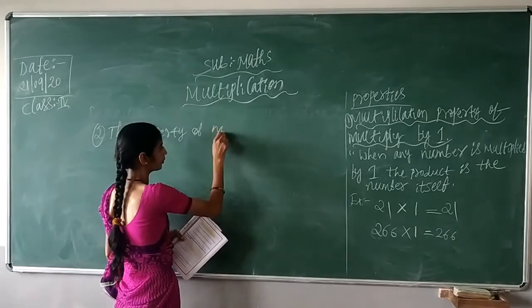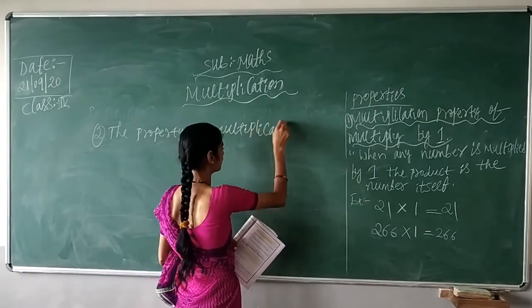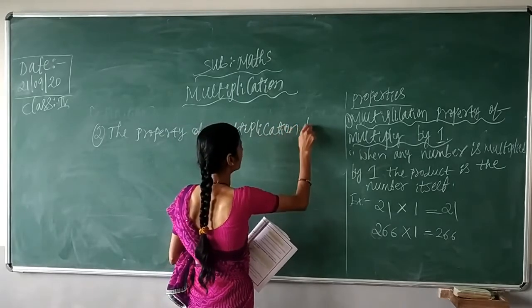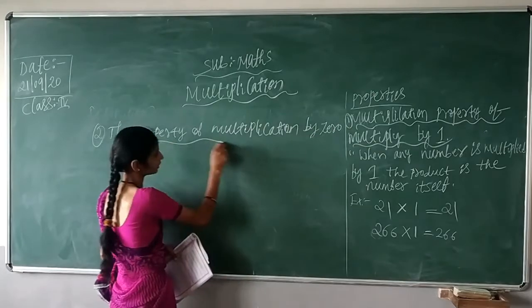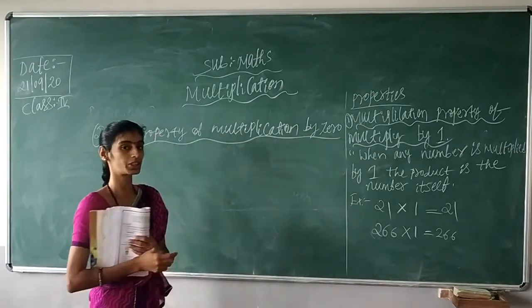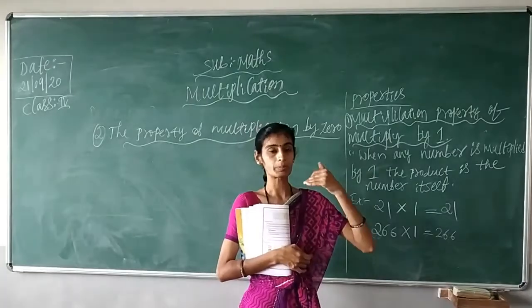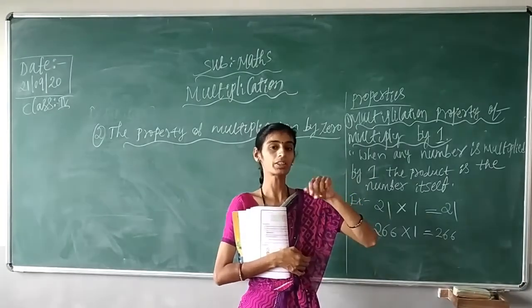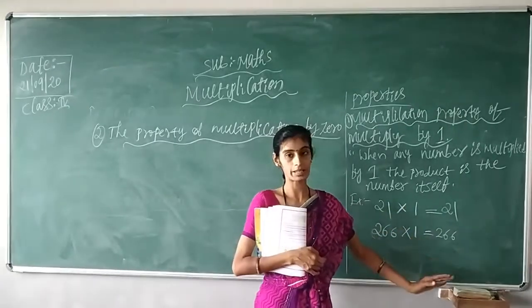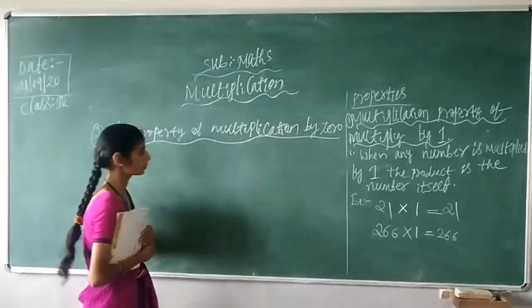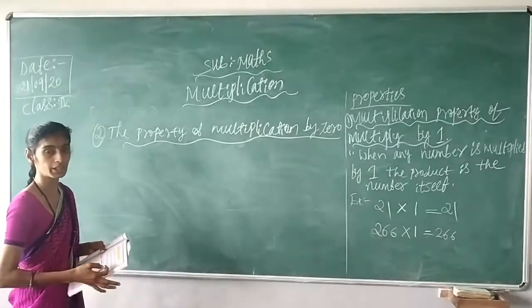So keep in mind, children, multiplication has two properties. One property says if you multiply any number with 1, the answer will be the number itself, like I have given two examples. Now the second property: if any number is multiplied by 0, what will be our answer?